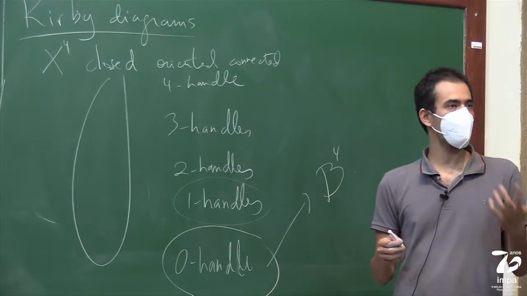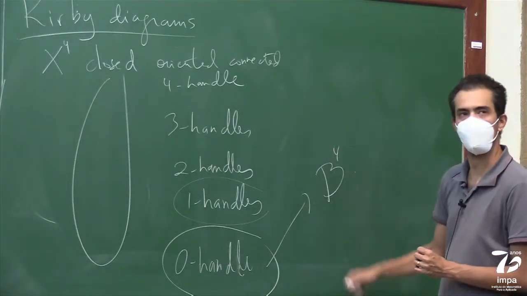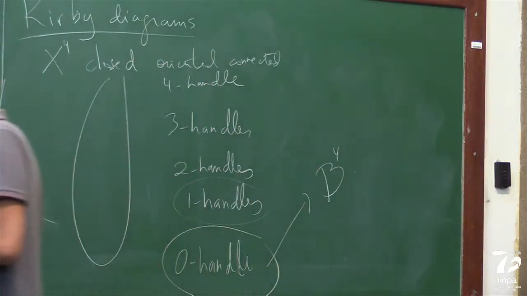We have to look at the boundary of the 4 ball, which is an S3. S3 apart from a point is just R3, so you can think of your S3 as just R3. Really, what you want to do is look inside of R3 and see how you can attach these things.